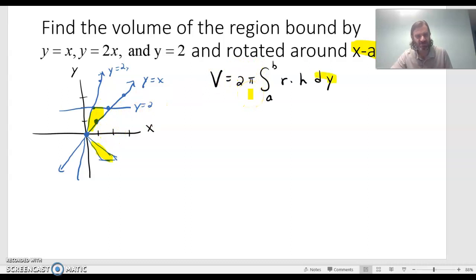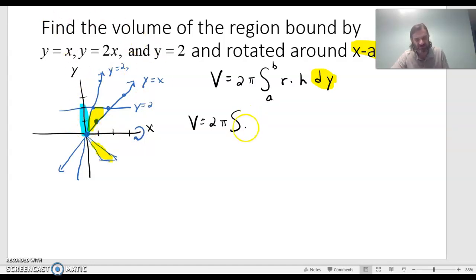Remember, we want everything in terms of y. So we first of all need our bounds. Our volume is going to be 2 pi, and we need an upper and a lower bound. The bounds will be from 0 to 2 based off of y over here. When we go around the x-axis, the smallest, lowest bound will be 0, and it will go out to 2.